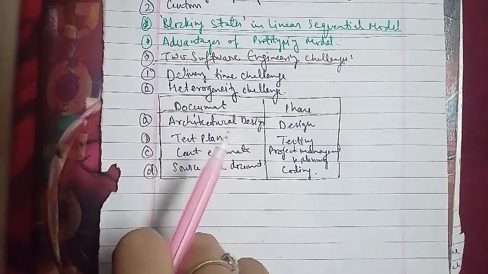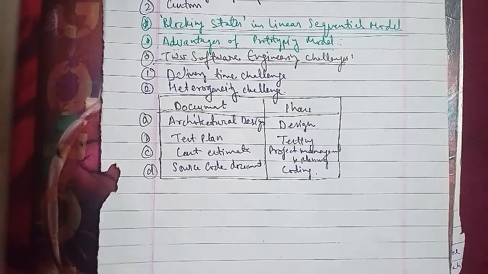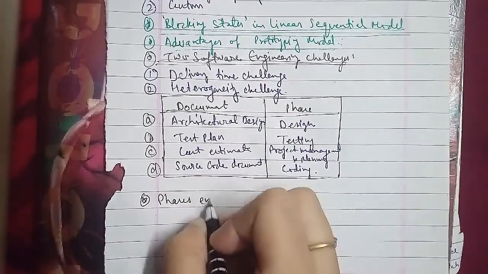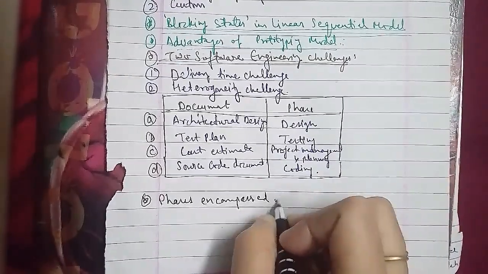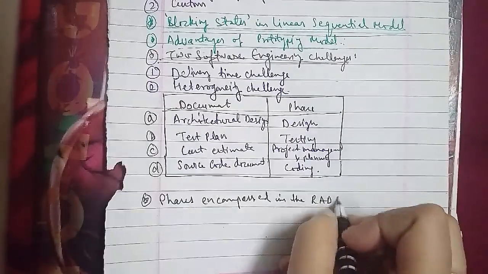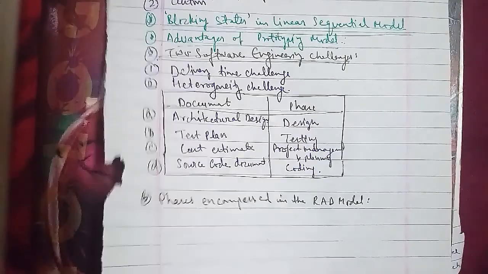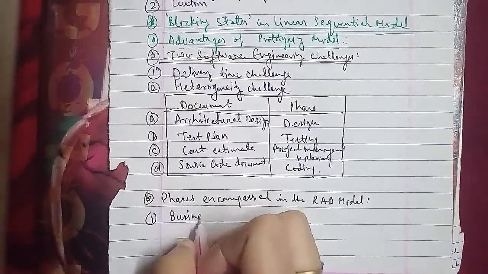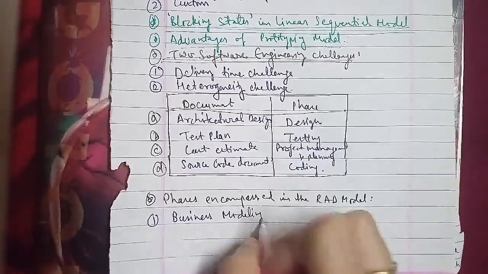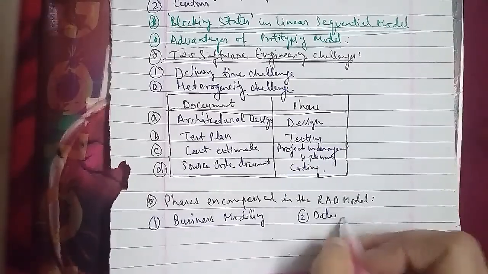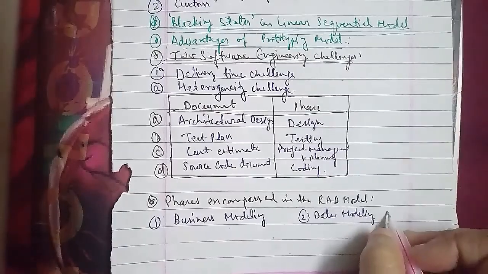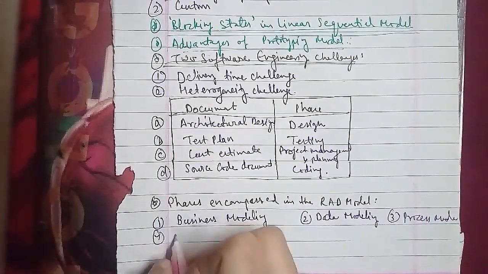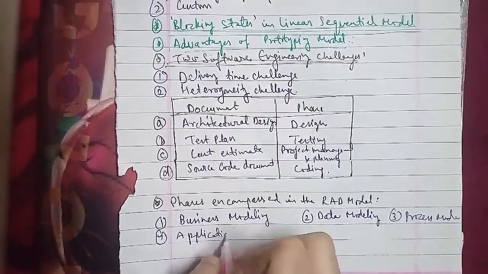The various phases encompassed in the RAD model: the first we have is business modeling, the second is data modeling, the third is process modeling, the fourth is application generation, and the fifth is testing and turnover.